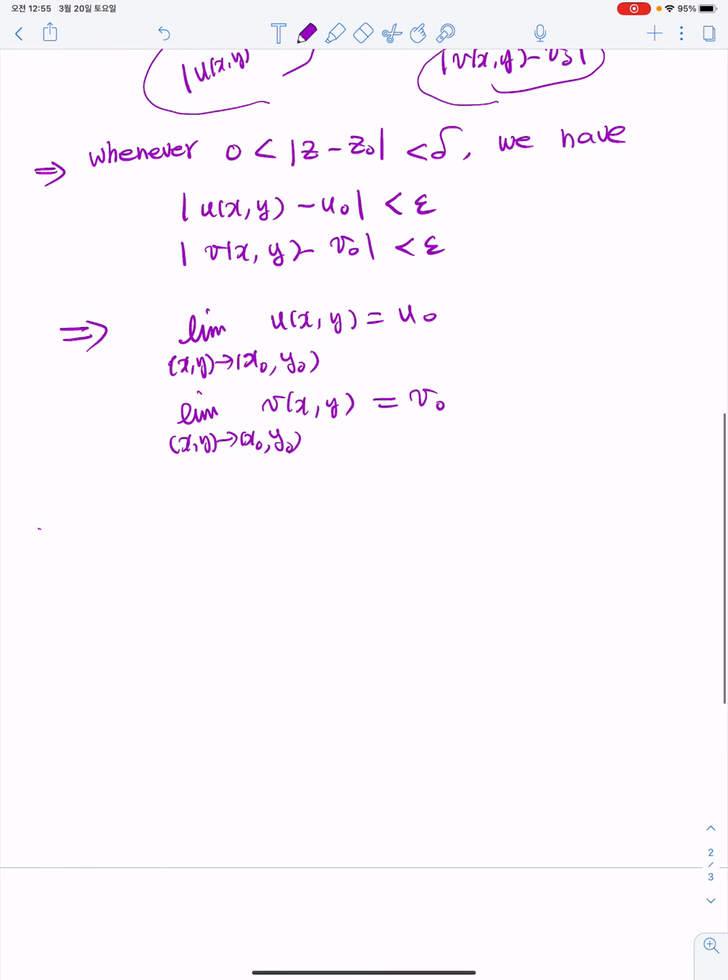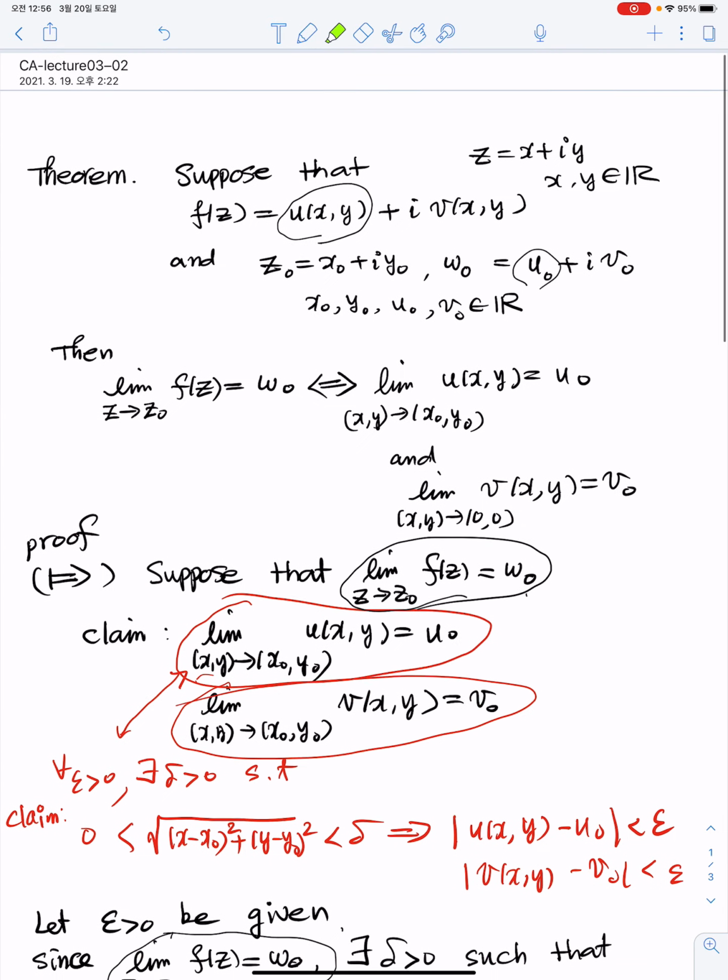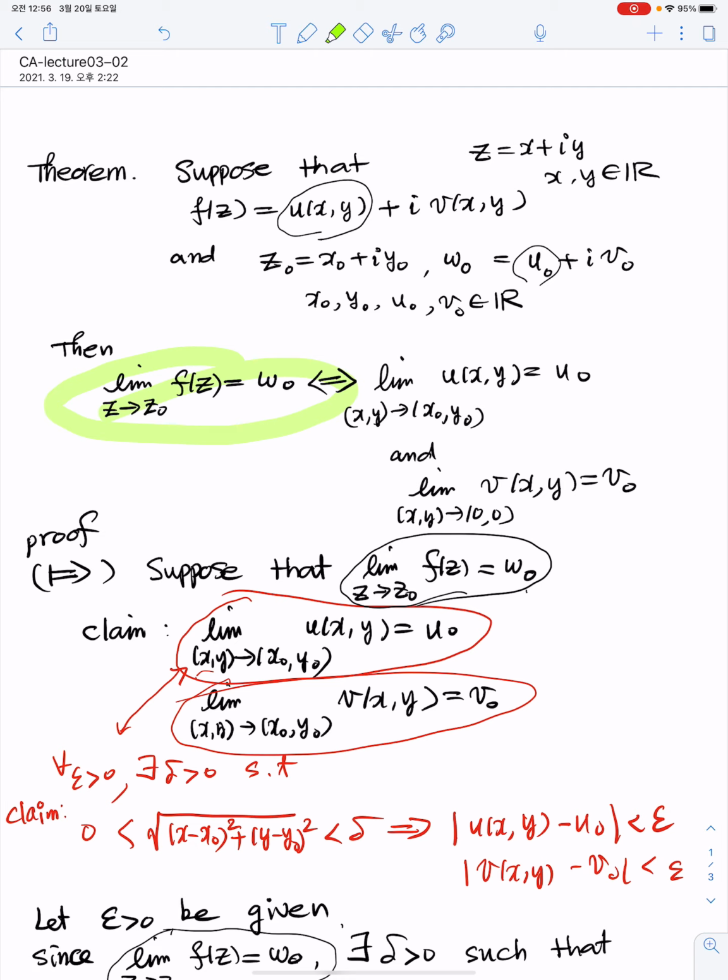Okay, so let me prove the other way around. For this part, you assume this one, and you assume this, and what we need to show is this one. Let's call this star. I'm not going to copy again.